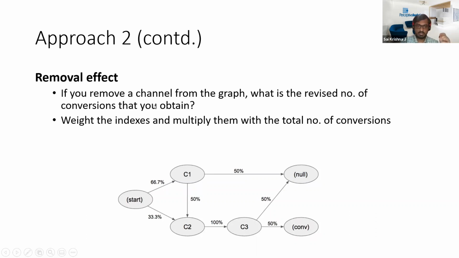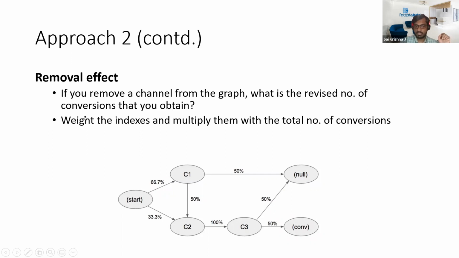So rather than calculating the difference in revenue, they calculate the difference in the number of conversions that they obtain. So same example, let's say with the Google campaign, you get 100 conversions. Without the Google campaign, you get 50 conversions. So the difference of 50, right, is attributed to the Google ad campaign. So that is what you call the removal effect.